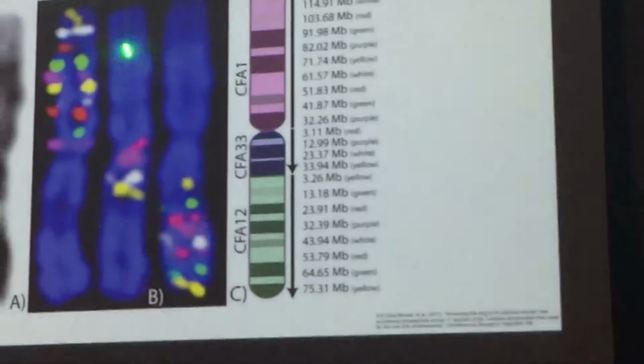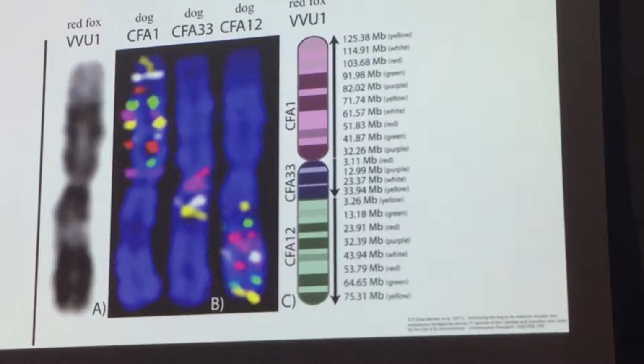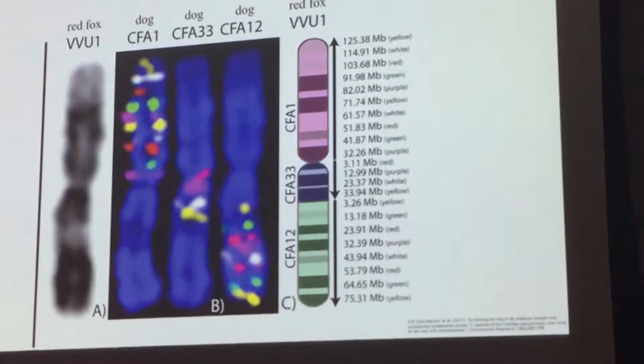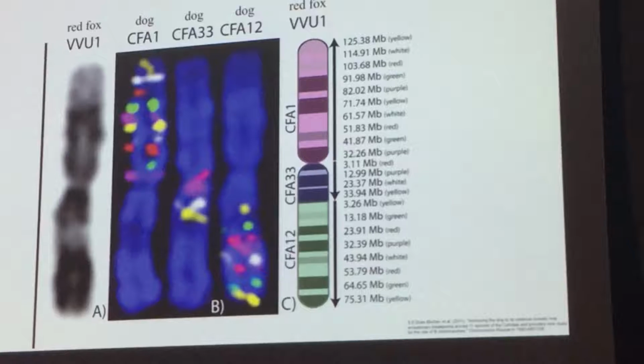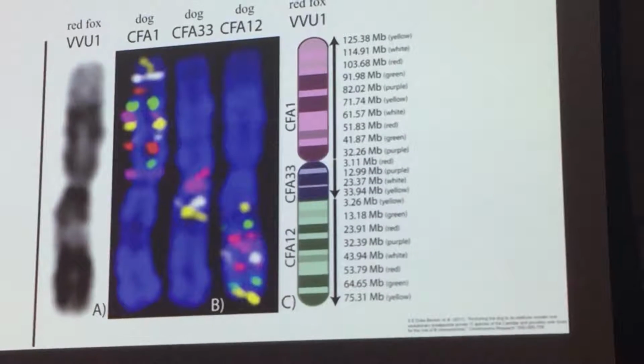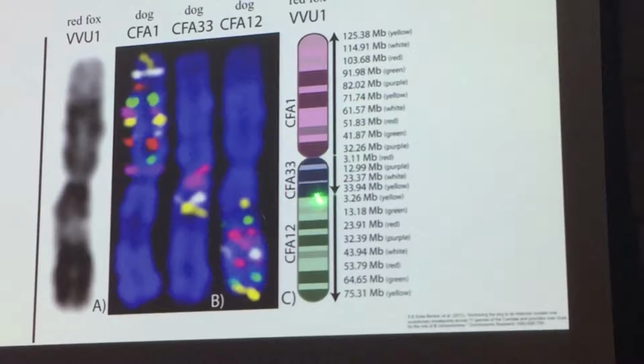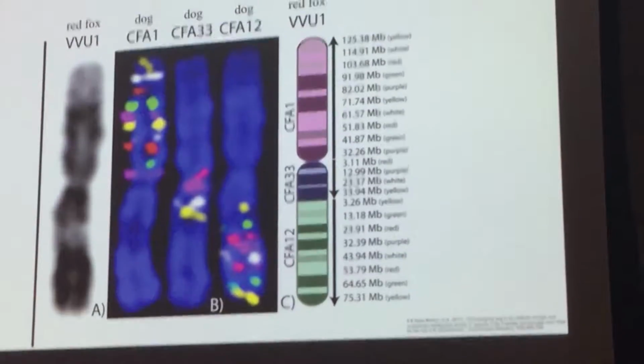So we're able to look at this red fox chromosome and determine which syntenic regions are present on this chromosome. And not only that, we're able to orient these sections, which is useful.